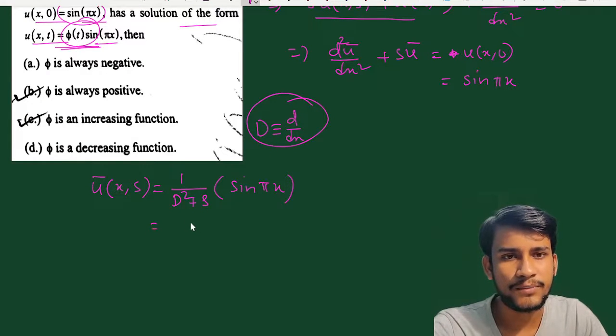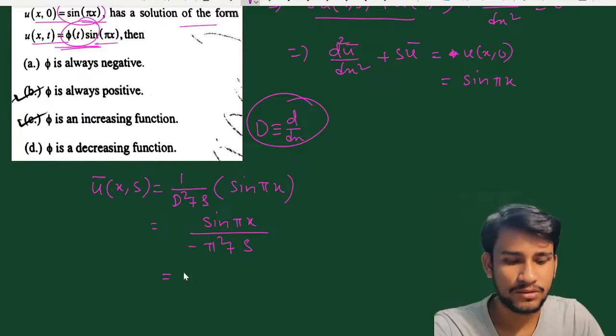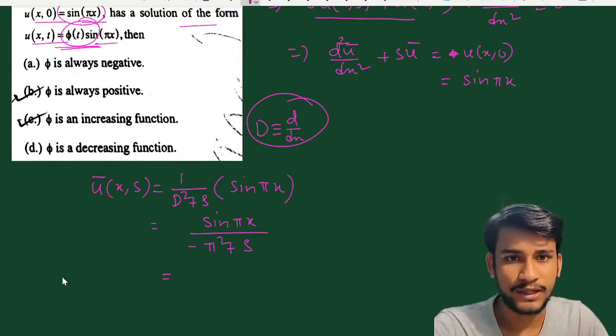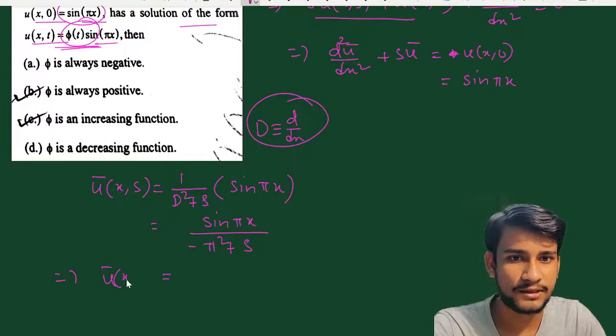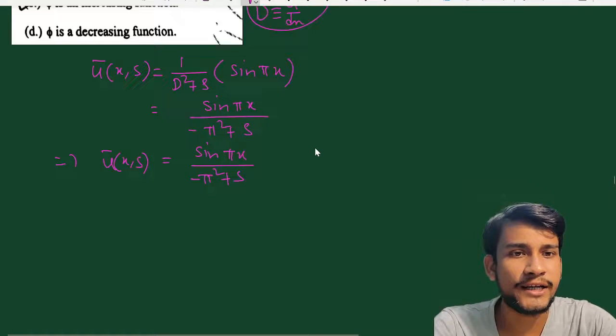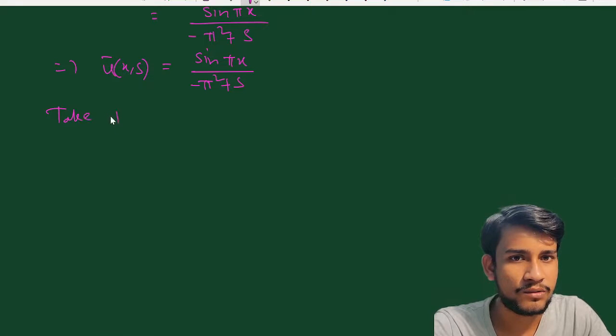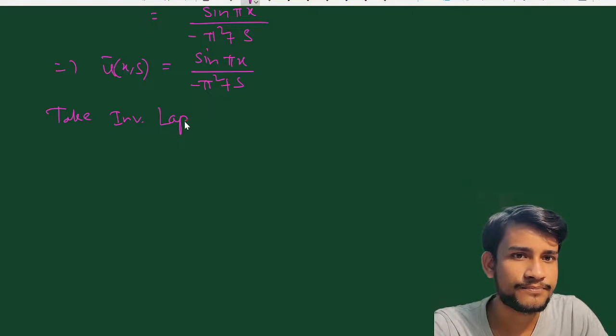So this implies sin of pi x by minus pi square plus s. Clear? So u bar(x,s) equal to sin of pi x by minus pi square plus s. Now we take the inverse Laplace transform.